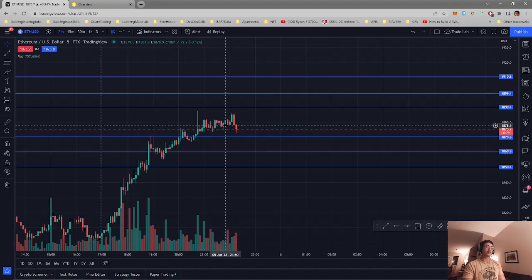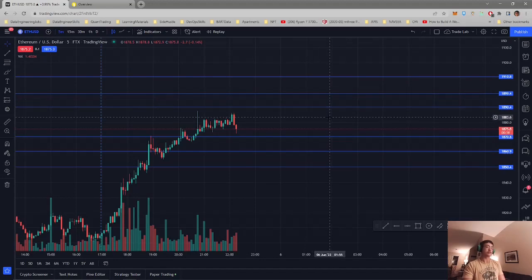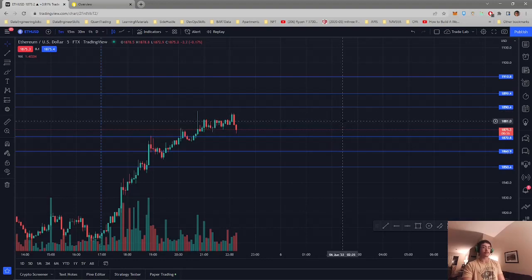If the price were to hit one of these lower grid lines, then we would execute a buy order. And if the price were to hit one of these upper grid lines, we would execute a sell order. So essentially, we're buying low and selling high.